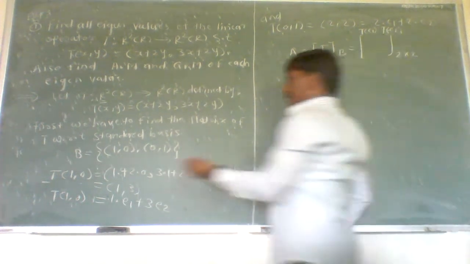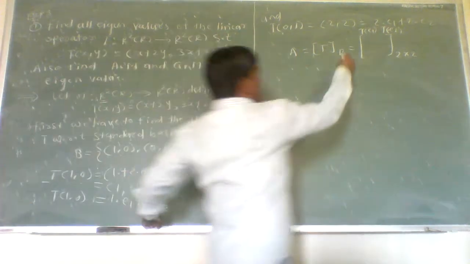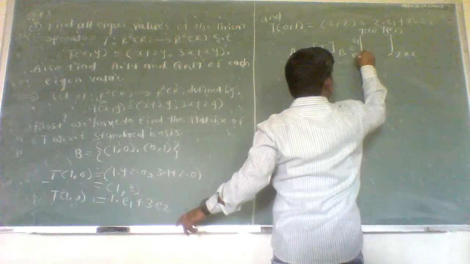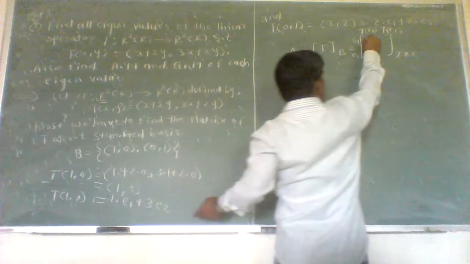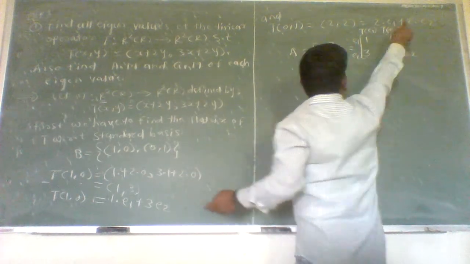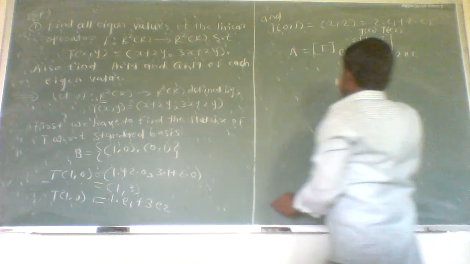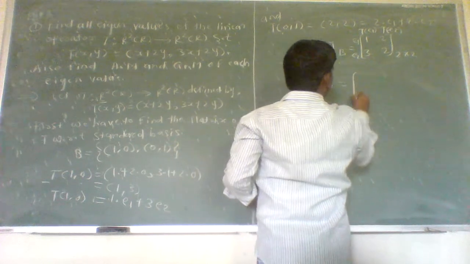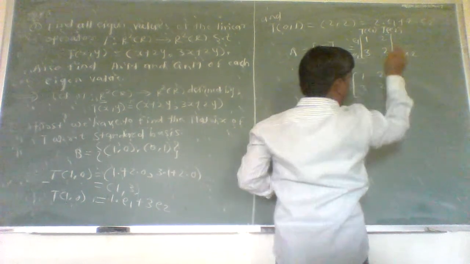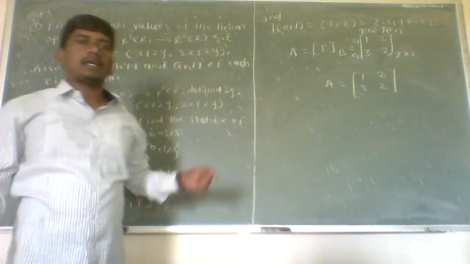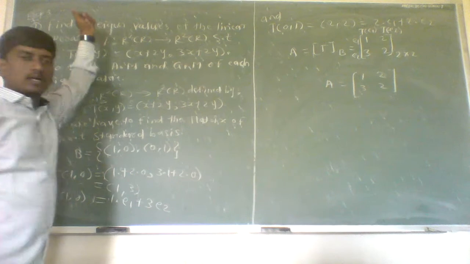T of E1 is 1 into E1 plus 3 into E2, so the column is 1, 3. T of E2 is 2 into E1 plus 2 into E2, so the column is 2, 2. So matrix A is nothing but [1 2; 3 2]. Now we have to find the eigenvalues of this matrix, and these are nothing but the eigenvalues of the linear operator T.